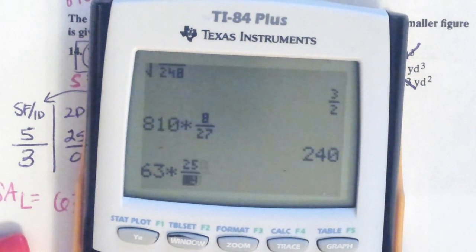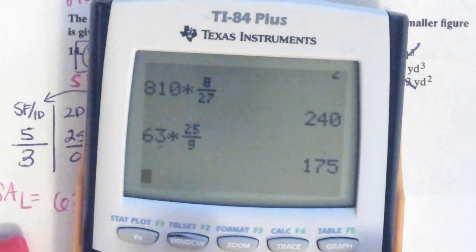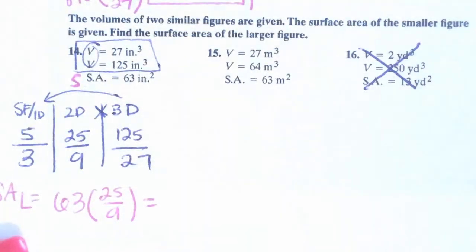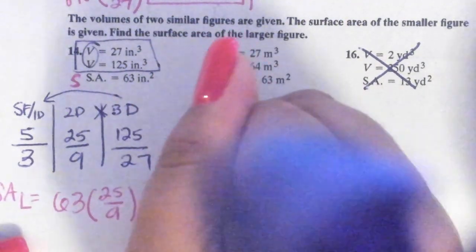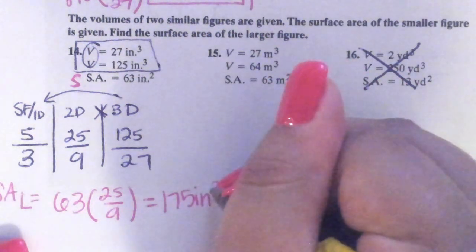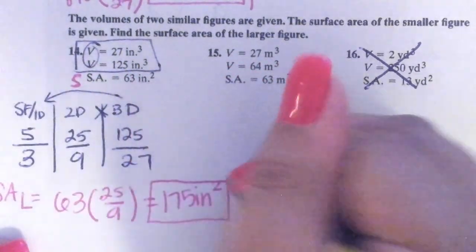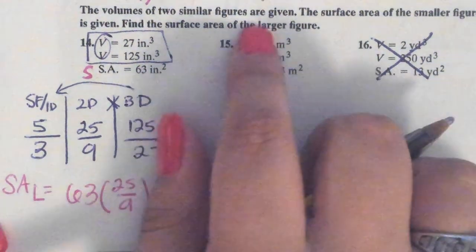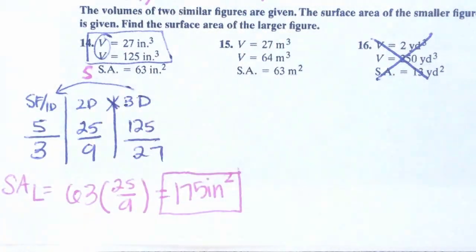Okay. Is that right? So I get 175 inches what? Because I'm doing surface area, it's squared. All right. Correct.